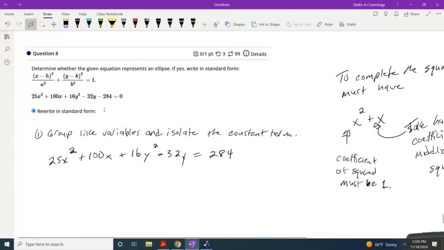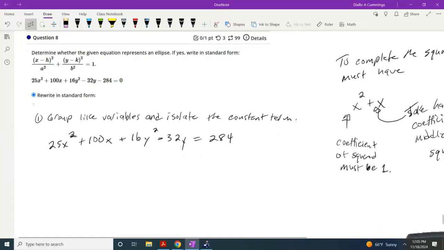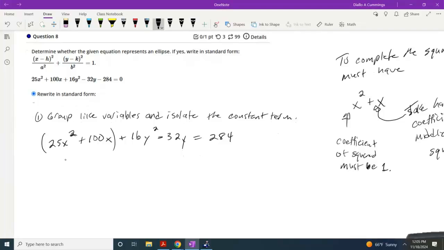If I look at my x variables, do I have the right form to complete the square? In order for me to complete the square, the coefficient of this first squared term has to be what? A 1. So for my x terms, I'm going to separate them out with a set of parentheses and factor out 25.